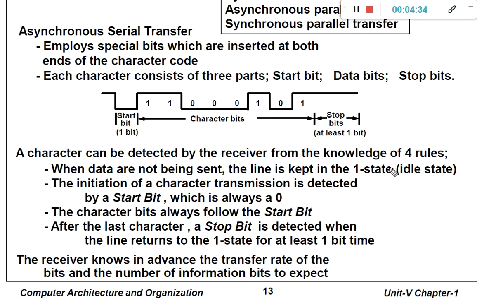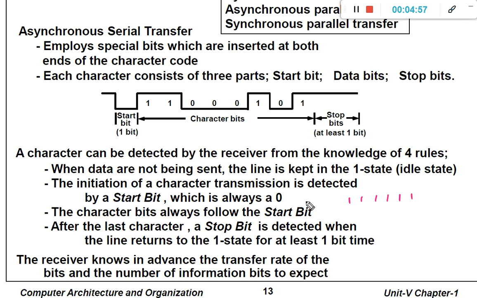How does the receiver recognize whether a character is being transmitted? Initially it will be in the one state. What is meant by one state? It always receives ones: 1, 1, 1, 1, 1, something like that.